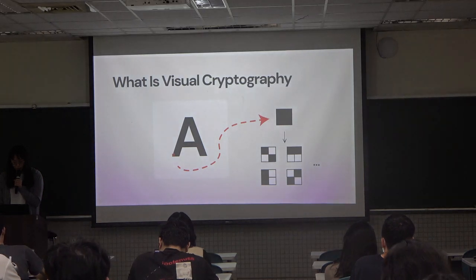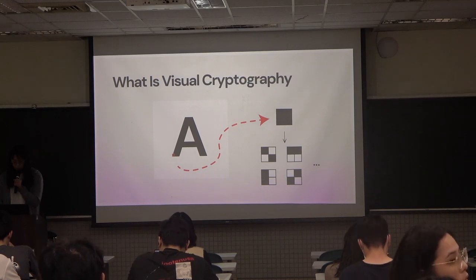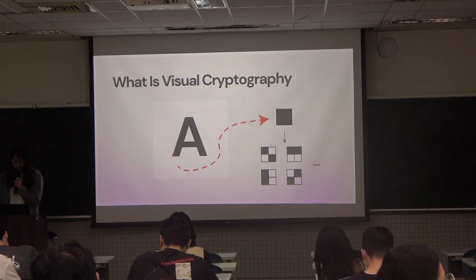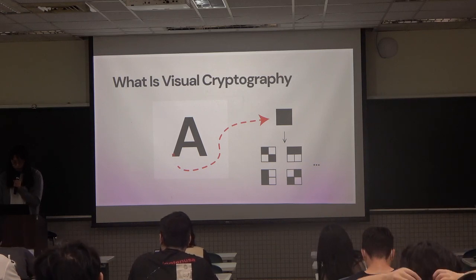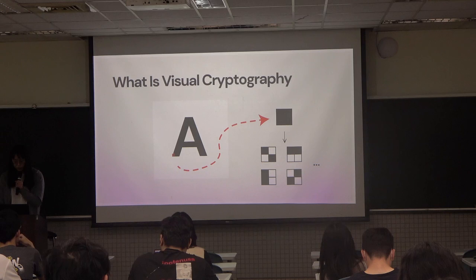Before we illustrate the 4 schemes, we have to know that every image can be resolved into a combination of many small pixels. The color of the pixels can be divided into black and white, and in visual cryptography, we divide a small pixel into a combination of even smaller pixels.